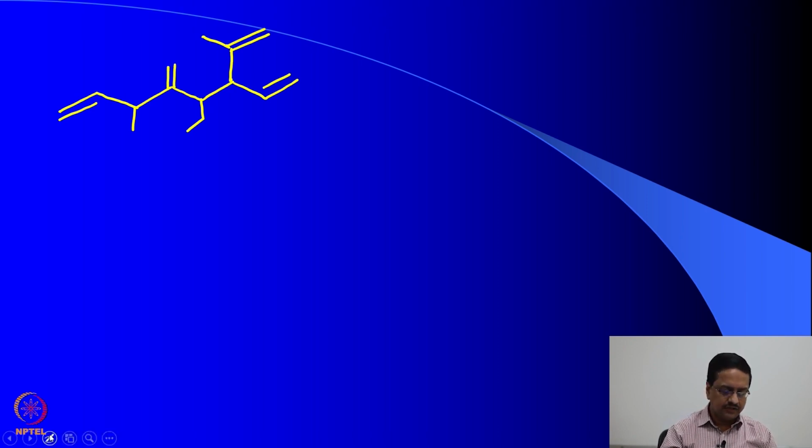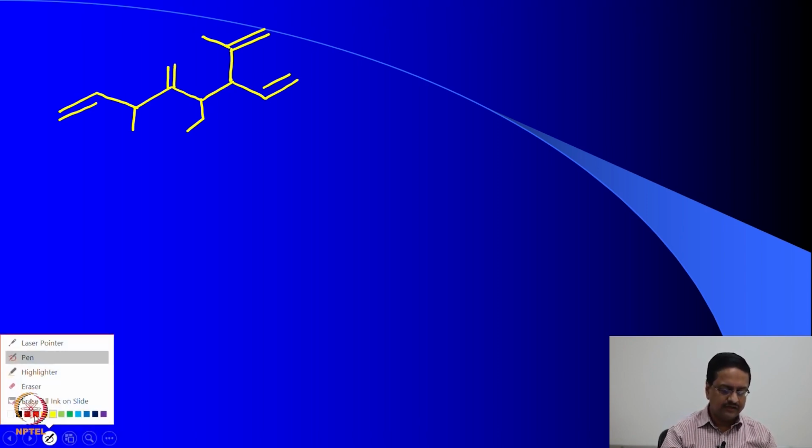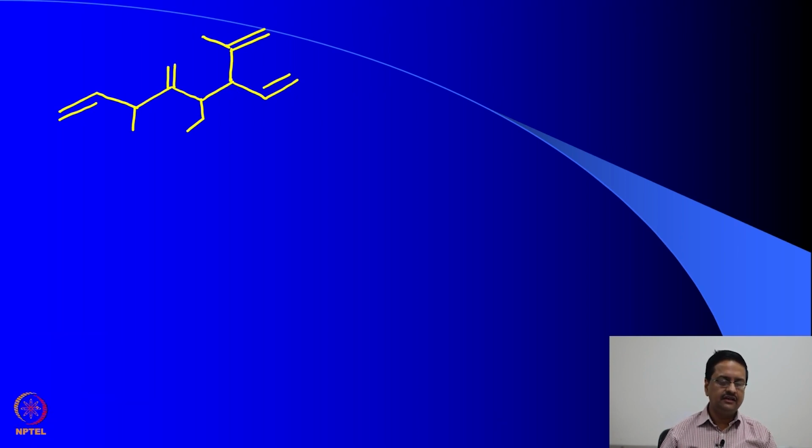So, the first point in this case would be to identify the longest chain, and we should identify the longest chain in such a way that the double bonds get the lowest numbering and you have the maximum number of branches, and in addition the branches or substitutions should have the lowest numbering as well.